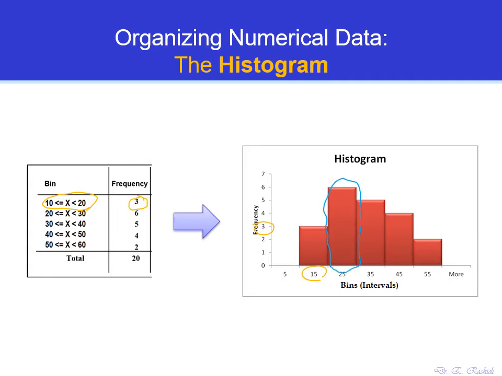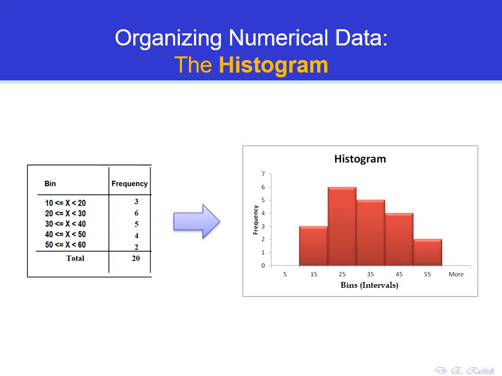this bar shows the next interval, between 20 and 30. The frequency of that is 6. So the height of this bar here is 6, and it is shown by 25 because 25 is the number between 20 and 30. So we're going to keep doing this for all the intervals and their frequencies, and then we're going to have a histogram.